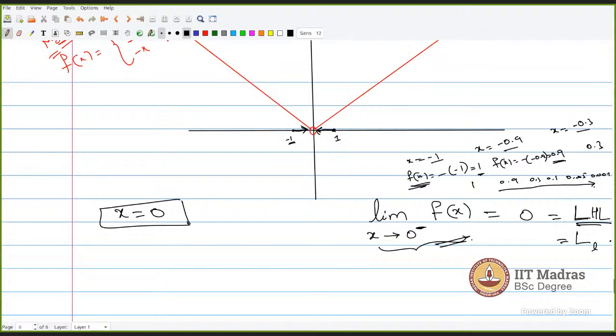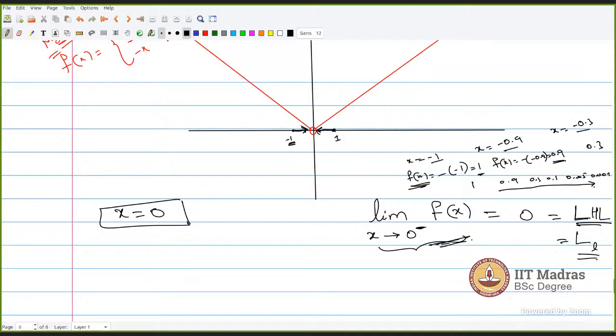Yeah, this is just the value of this particular limit when it is approaching from the left hand side. So how we approach: start from some value on the left hand side, which is -1, and start coming closer and closer to 0. While you are coming closer and closer to 0, look at the values of the function.